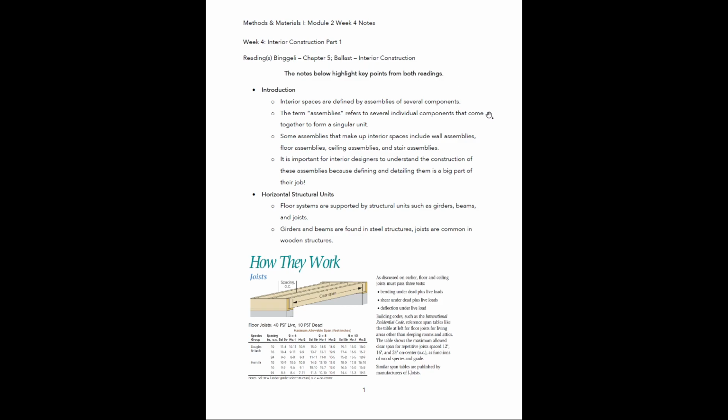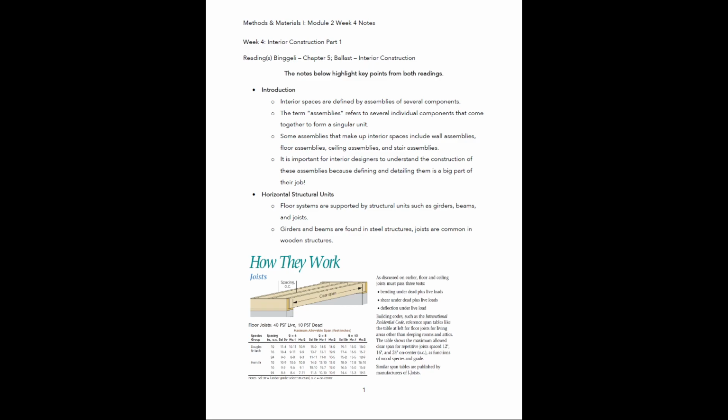So to begin, interior spaces are defined by the assemblies of several different components that are within them. The term assemblies, that's going to refer to several individual components that come together and form a singular unit. All right, we have a variety of different assemblies that are going to be making up our interior spaces.